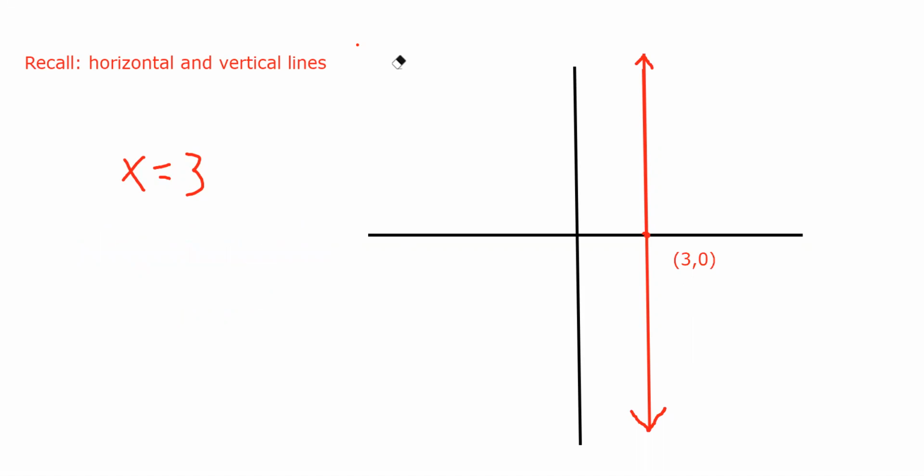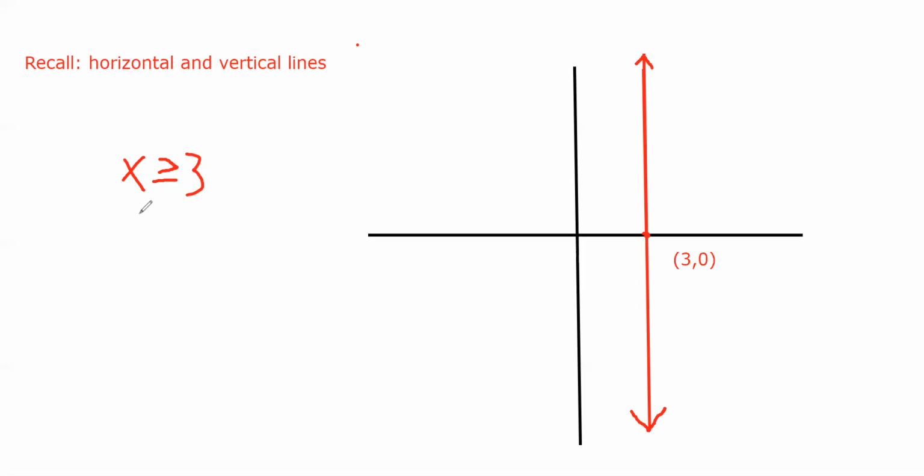But now let's play around with some of the possibilities of turning it into an inequality. Instead of x equals 3, let's say you had x greater than or equal to 3. Well, just like earlier, you have to start by graphing the line itself, which we have here.